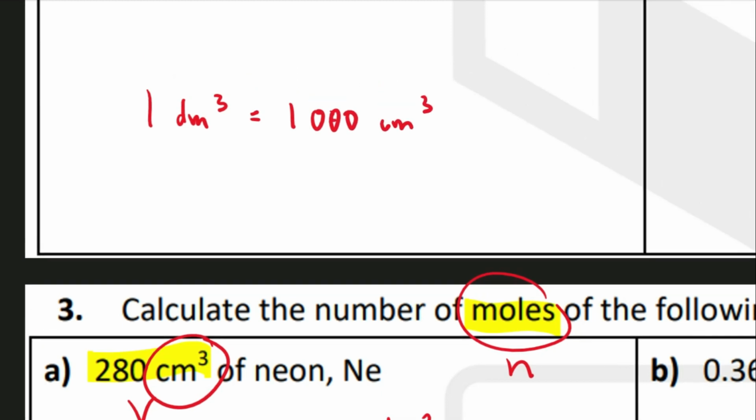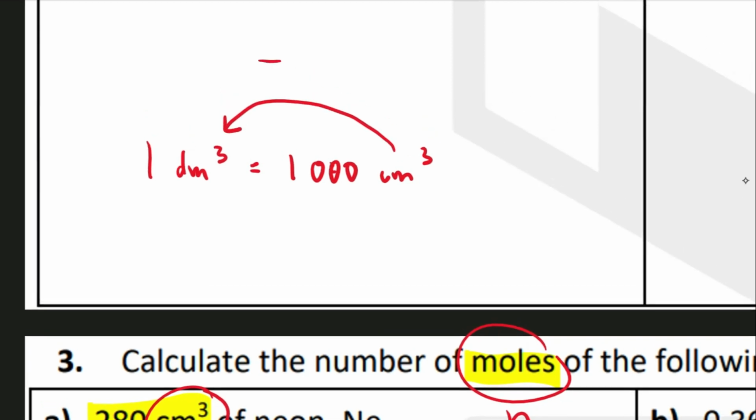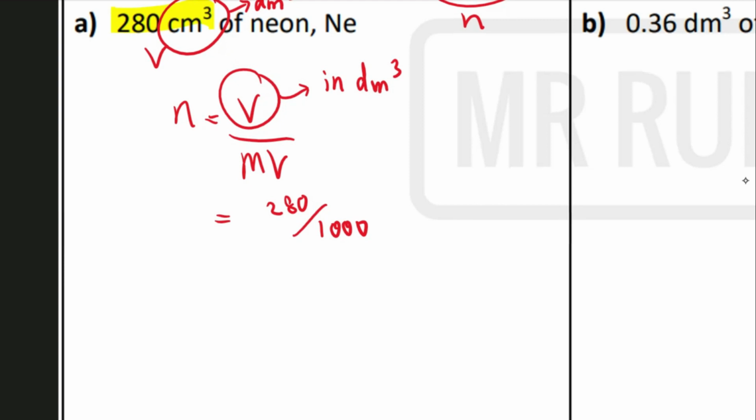And therefore, if we are converting from centimeter to decimeter, the operation would be divide by 1000. If we are converting from decimeter to centimeter, the operation would be multiply by 1000. In this case, we want to convert centimeter to decimeter. Therefore, we divide by 1000. And so the volume would be 280 divided by 1000 decimeters over the molar volume.